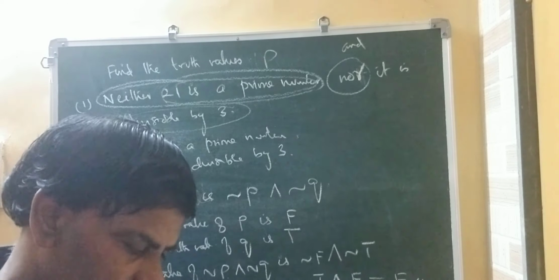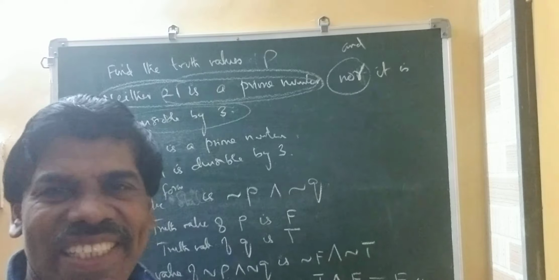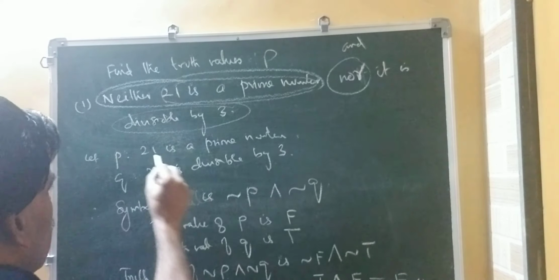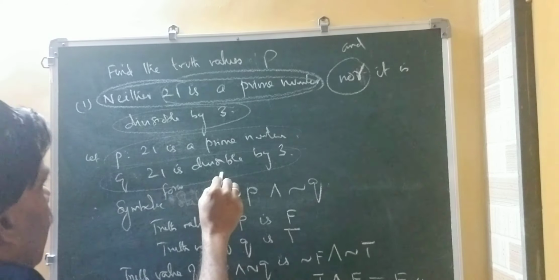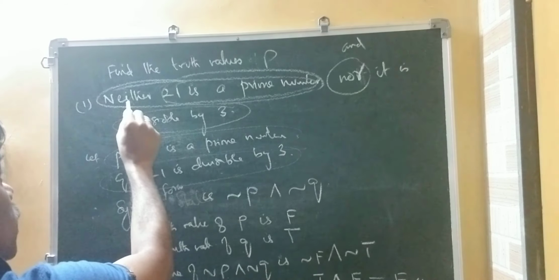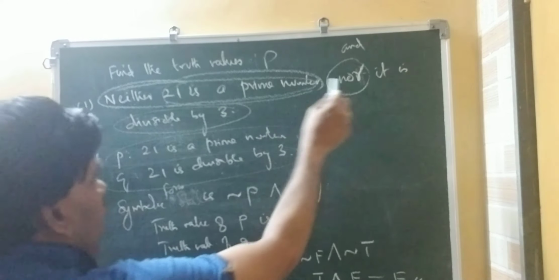Okay, the rest of the things we will see in the next class, then we will understand better. Followed or not? See, we have taken 21 is a prime number, 21 is divisible by 3. But here both are not. Neither it is a prime number nor divisible by 3. Nor means not.